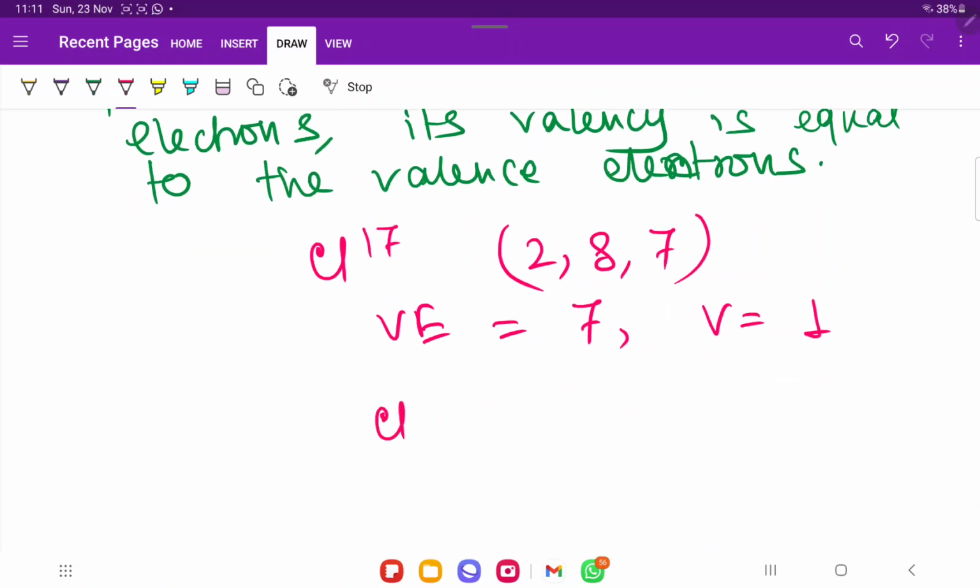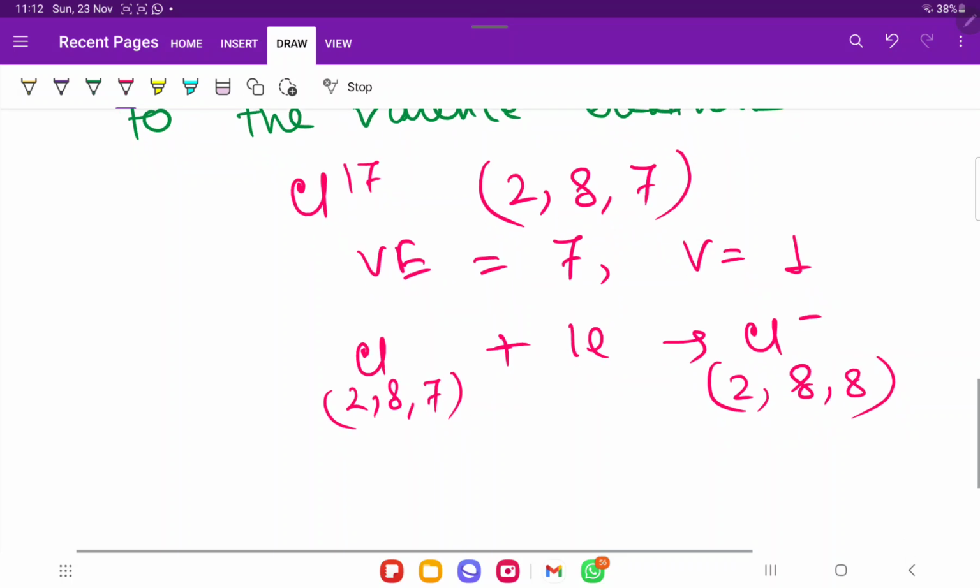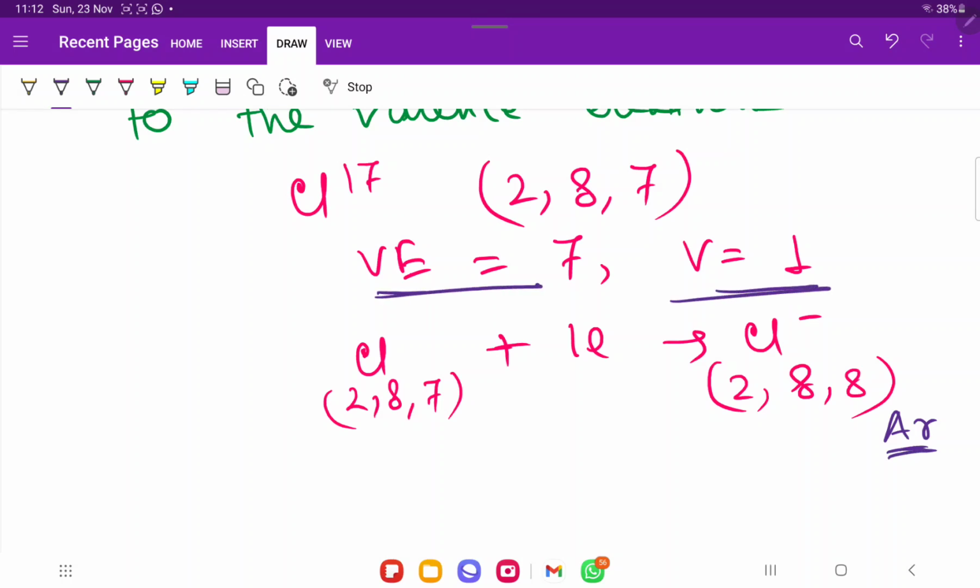If chlorine accepts 1 electron, it will gain 1 negative charge, and the final electronic configuration will be 2, 8, 8. This is the configuration of argon, which has 18 electrons. Here valence electron is 7, but valency is 1.